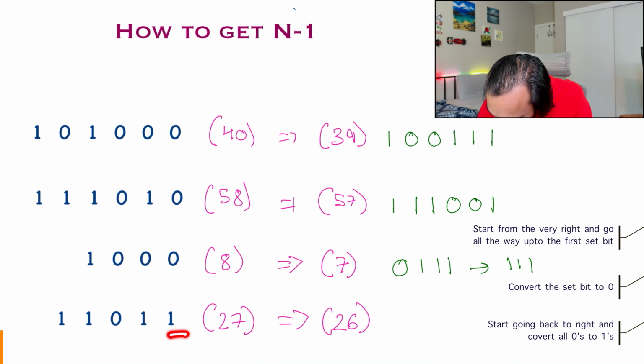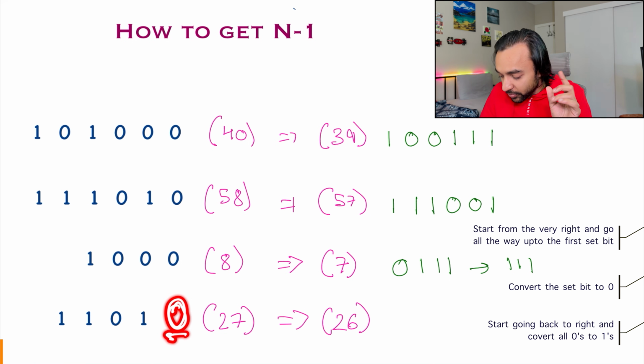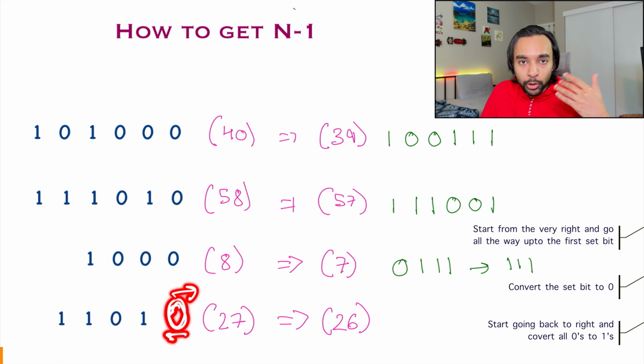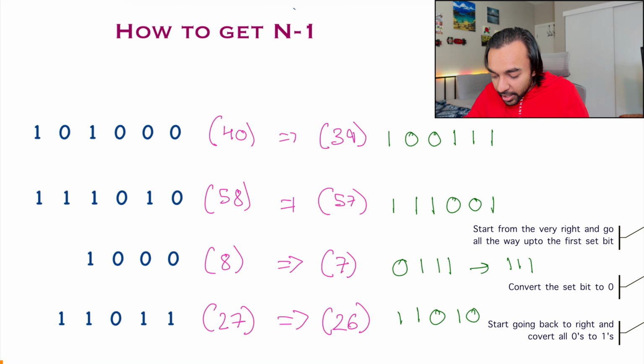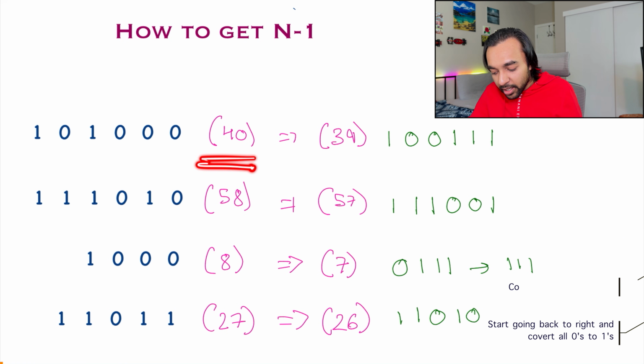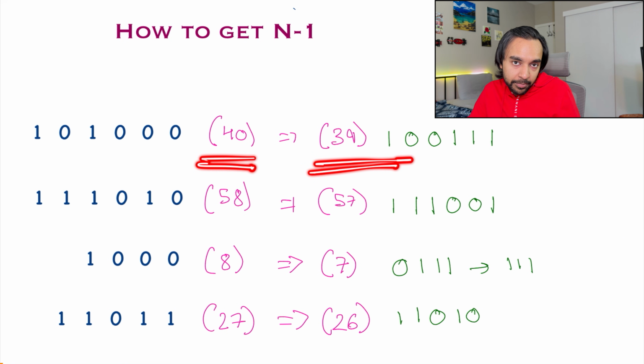And as soon as you start, you will find a 1 over here. Follow the same approach. Convert this to 0 and then start going back. You don't have any other ones, so you stop. So the binary representation of 26 will be 1, 1, 0, 1 and a 0. This is how, if you are given a number n, you can find out n minus 1.